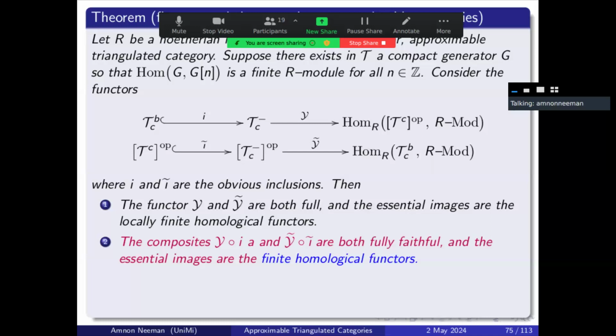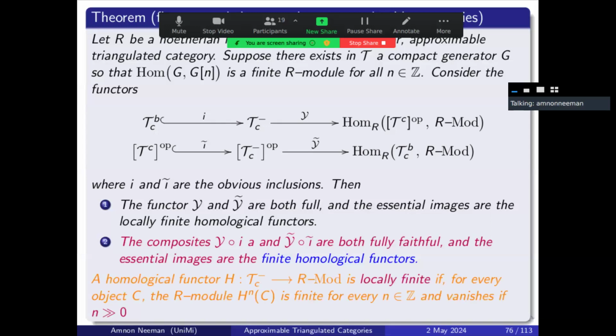Then, well, let's just look at the thing that's highlighted in red. Then the composites from far left to far right are fully faithful, and you know the essential images. So they're fully faithful embeddings of the left-hand side in the finite homological functors on the right-hand side.